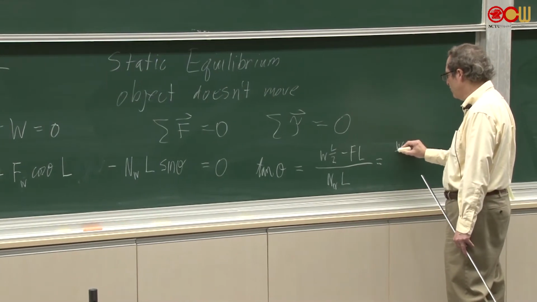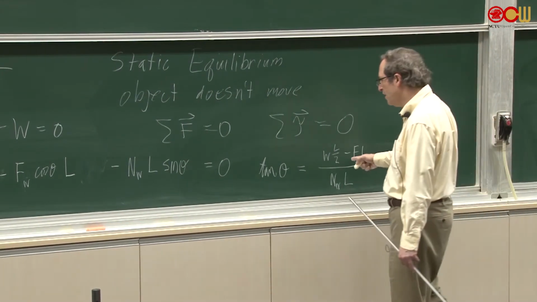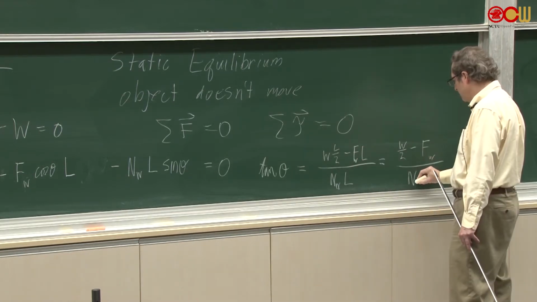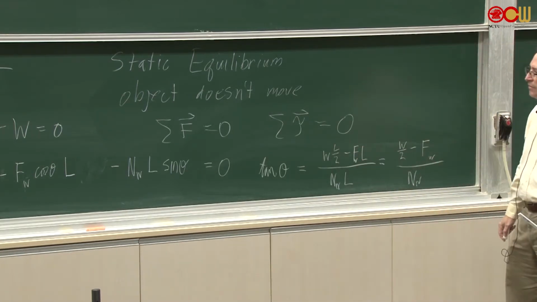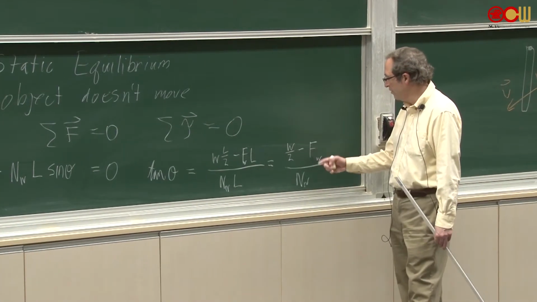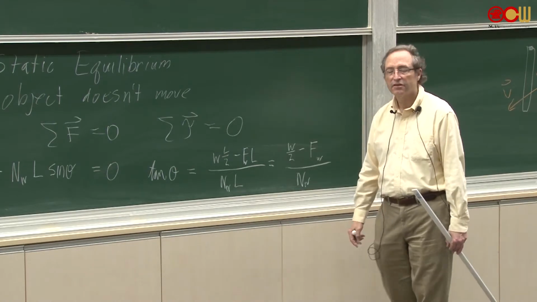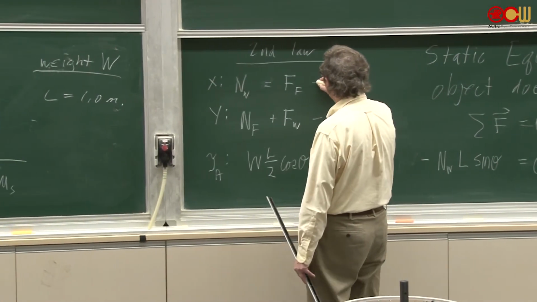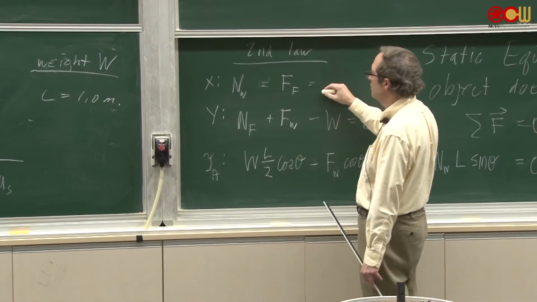So we have W over 2 minus F, which F is this? F wall. So what we'd have to do is find expressions for this and this.